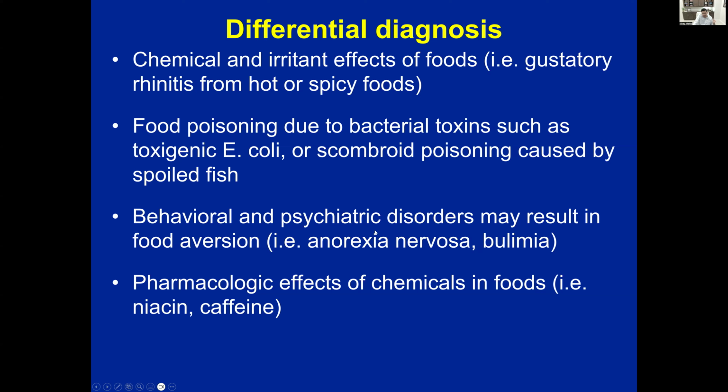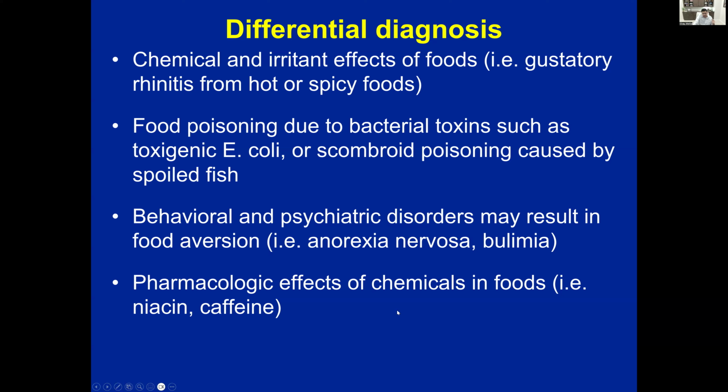So you have to look at whether they have an underlying psychiatric disorder. Patients with neurodevelopmental disorders are often averse to certain textures, like children with autism, and they're very picky about certain textures. And so these are other reasons why they may not like certain foods.